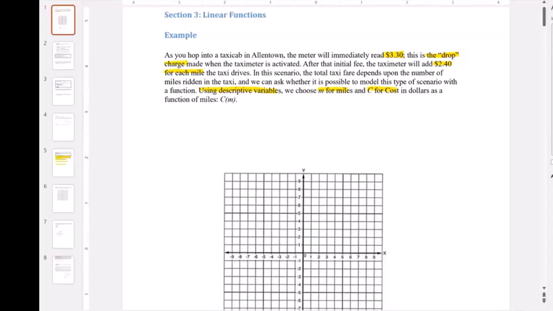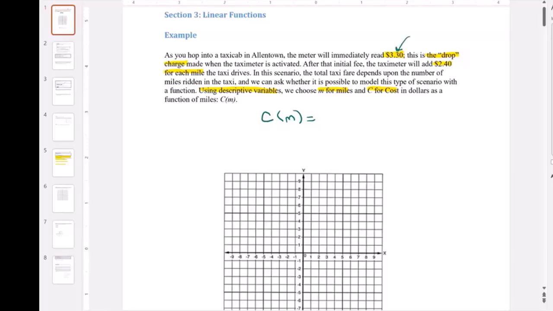So let's see how we would begin. The first thing we're going to do is we're going to say C, the cost, as a function of M, which is the miles, is going to equal, well, if I get into a taxi cab and he turns on the meter, the minute he turns on the meter, I'm going to have to pay him $3.30. That's what this says.